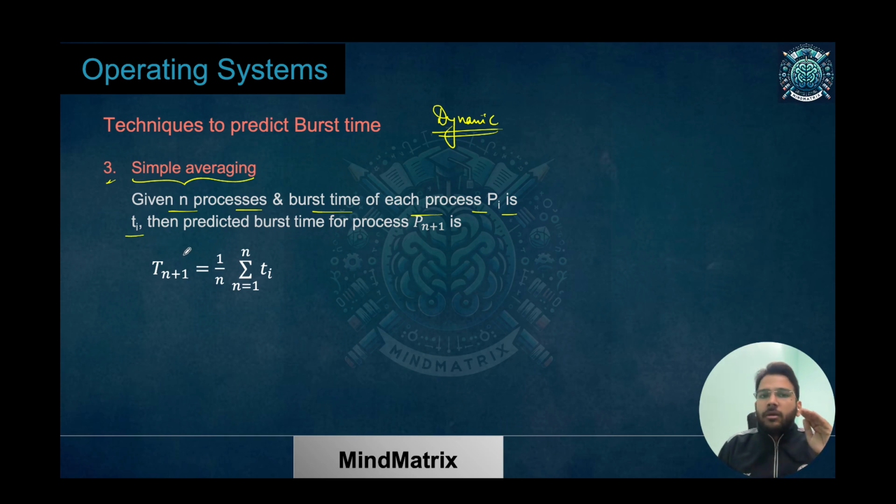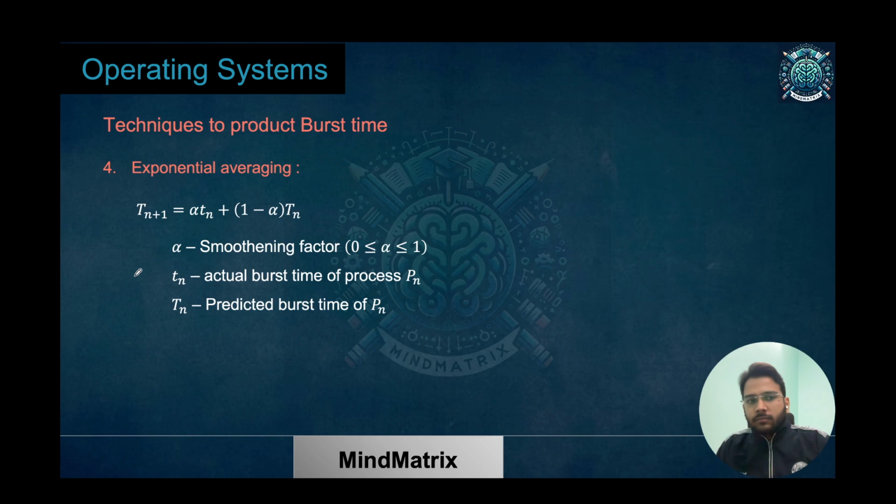So we know the burst time of already executed processes. We are going to find the average of the burst time. So we are going to sum up the burst time of all the executed processes, and we are going to divide it by the number of processes. So this is one way of predicting the burst time. This is simple averaging. Okay.